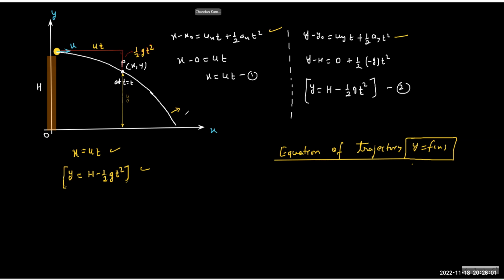And this locus we represent in mathematics as a function, right? So we express the y coordinate as a function of x. Can we do it here also? I would like to express y as a function of x. And to do so, what do I need to do, tell me.